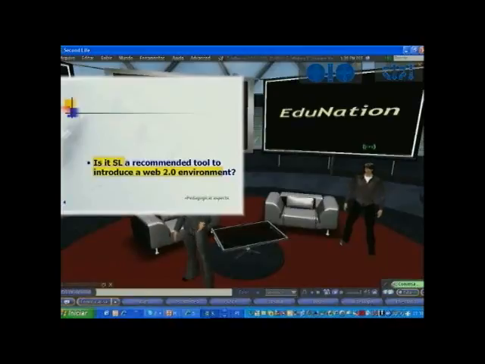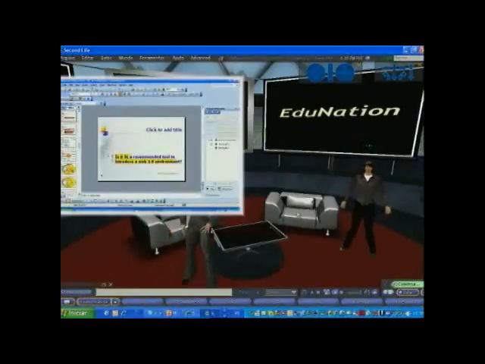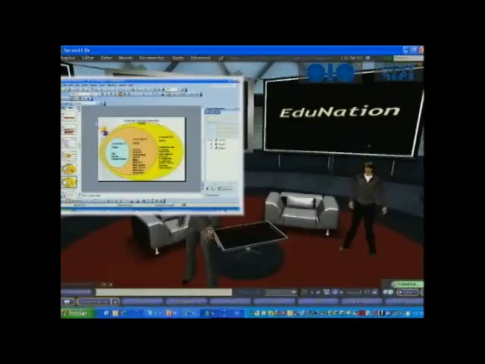Well, first I would like to know what exactly Web 2.0 is, because can you introduce Second Life as a tool of Web 2.0, or is there another generation, Web 3.0? I mean, Second Life is a reality that we are in here.